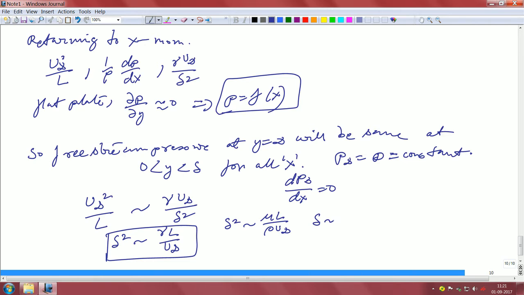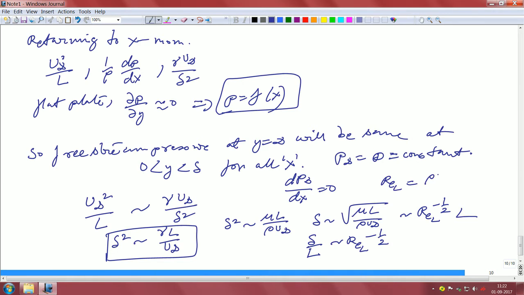So, delta by L can be written in terms of the Reynolds number with respect to L, okay. So, delta by L varies as Reynolds number to the power of minus half, okay. As you know, the definition of Reynolds number is what?